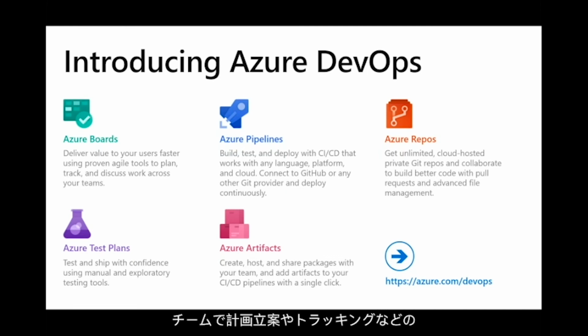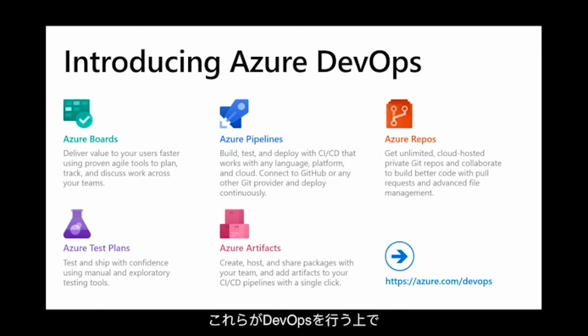So whether it is Azure Boards, which is for you to plan, track, etc. within your team, or whether it's Pipelines when you're looking at the build, test, the entire CI/CD part of it, and then if you're looking to host some of your code, the Git repos, essentially access to the Git repos, and if you're looking at pull requests, all of that collaboration happens through Azure Repos. And you have Azure Test Plans for your dev test, as well as Azure Artifacts.